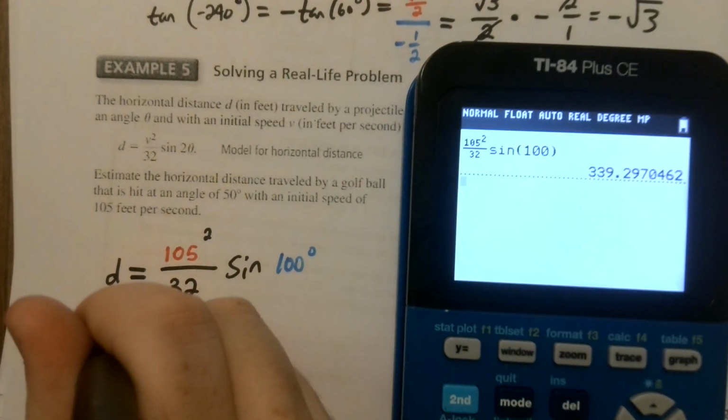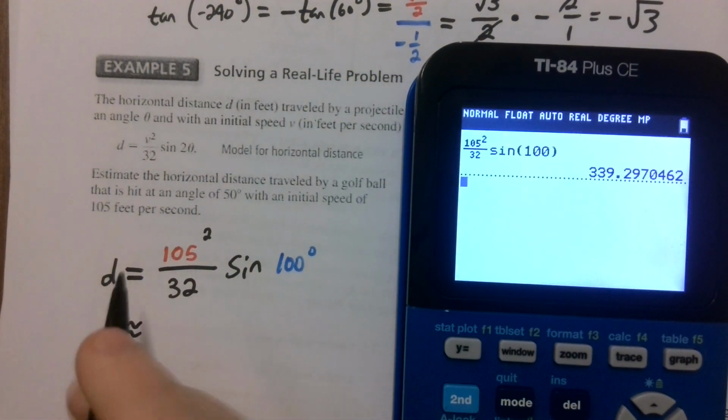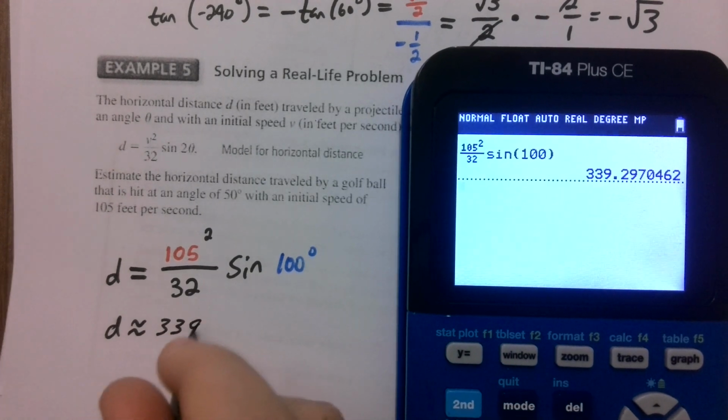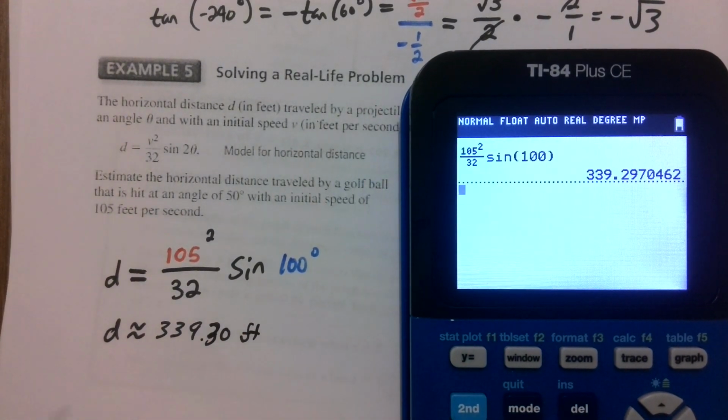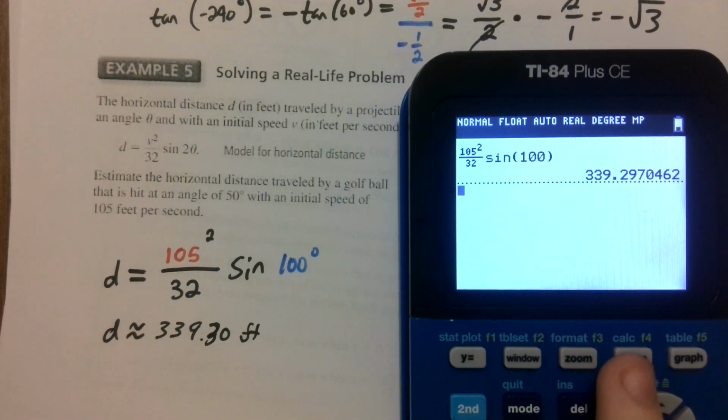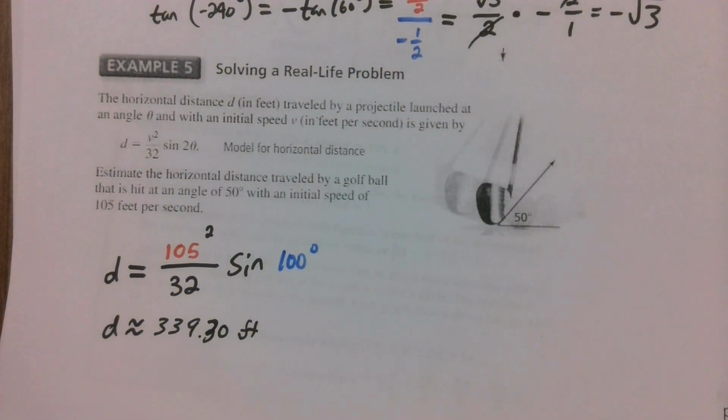That's our distance. The distance the golf ball travels is about 339.30 feet. That's a little bit anticlimactic for all that we've done so far, but it's how you would solve a real-life problem like this. Plug in and evaluate.